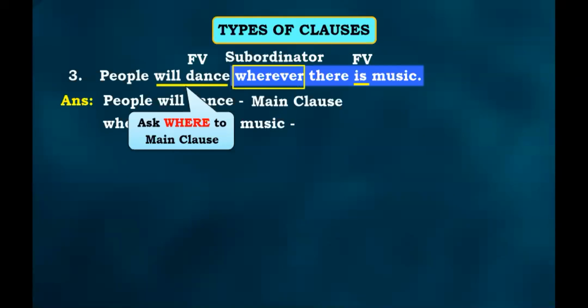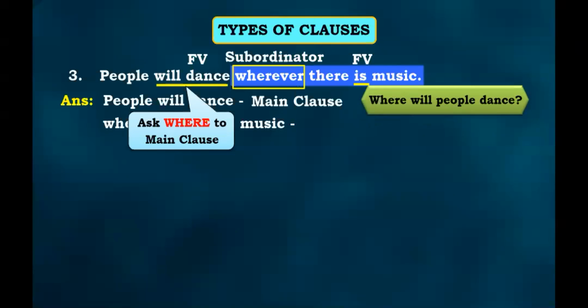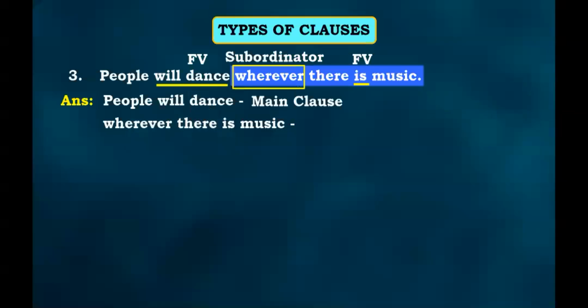So ask the question where to the main clause. Where will the people dance? Wherever there is music. So my answer will be subordinate adverb clause of place. Where के लिए place. Guys, very easy. Yes or no? Very easy.